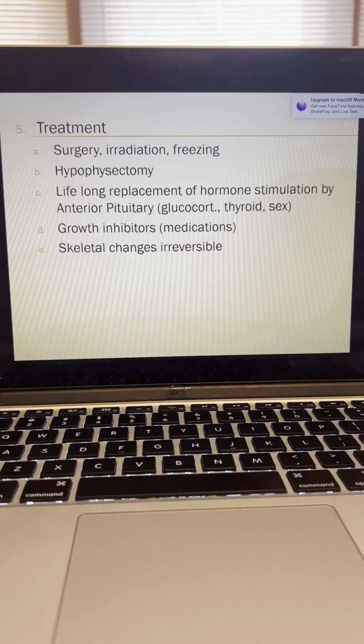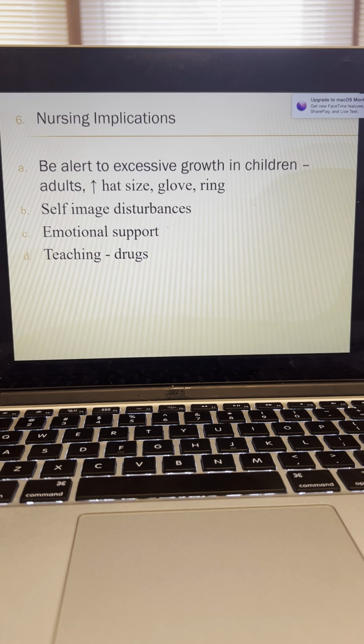Nursing implications: be alert to excessive growth in children. Adults would be that increase in hat, ring, or glove size. Problems they might have might be self-image disturbances, emotional support for it, and teaching about the medications that they might need to take. For excessive growth in children, if your spouse is 6'8" and you're 5'10", having an excessively tall child, somebody that's high on the growth chart, is not uncommon.